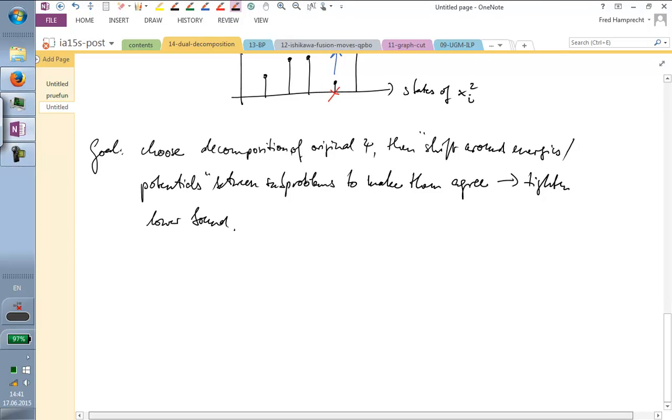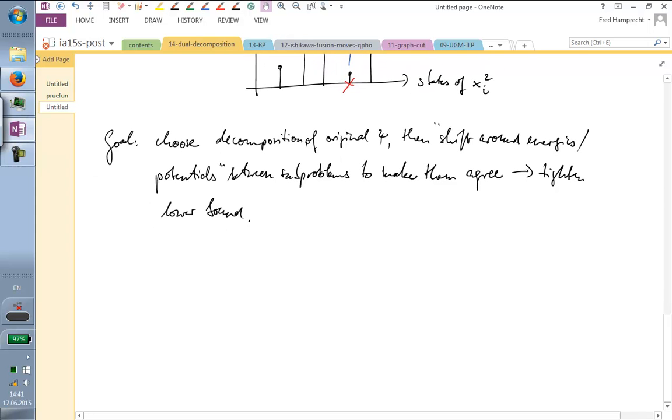So I'm setting up one particular way of shifting around potential between the subproblems. So let's look at our minimal loopy graph. I can rewrite this as follows.